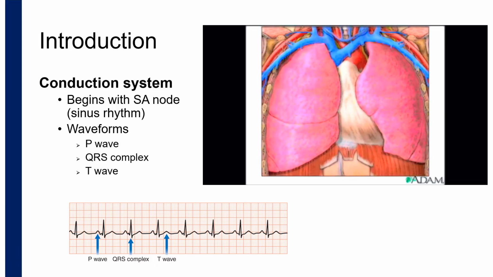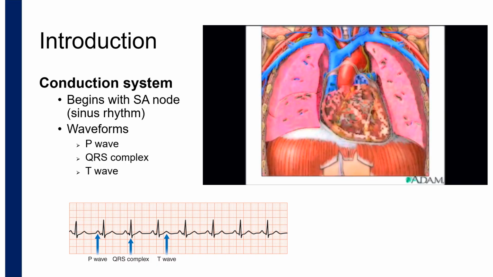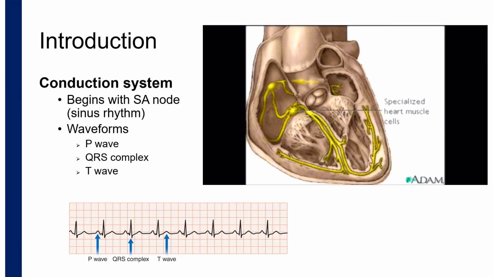Let's take a closer look inside the heart. The yellow objects you see on the left are not nerves. They're actually specialized cardiac muscle cells in the walls of the heart. Their job is to send signals to the rest of the heart muscle and cause a contraction.